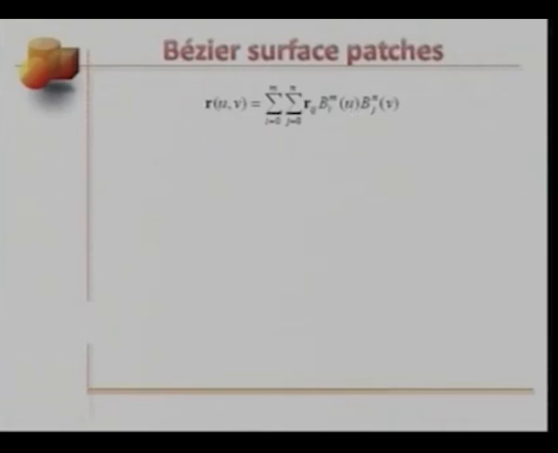So, if the designer specifies a bunch of design points or control points, the patch is readily available. We don't need to go through computations that we saw in the previous patch model, the 16-point form surface patch.